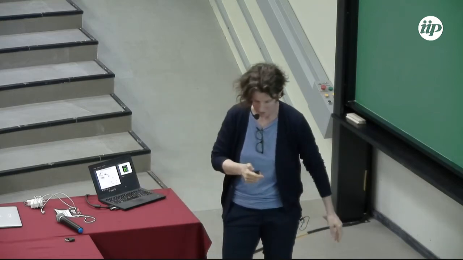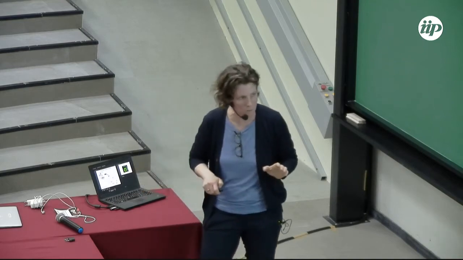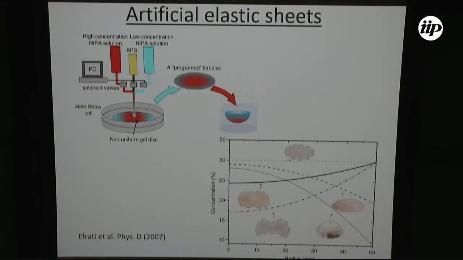One of the things that is very different in our system compared to this artificial system is that this is a cross-linked network of a polymer, and you have a gradient of cross-links that you can generate in the system. So you impose gradients of density of contraction, and the fact that you impose it can generate different types of structures.